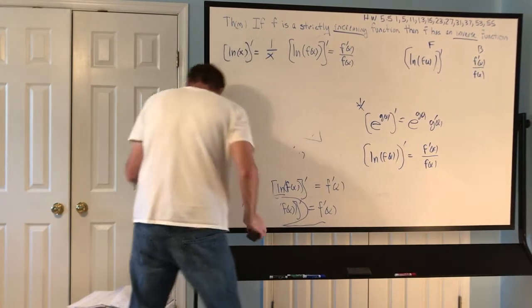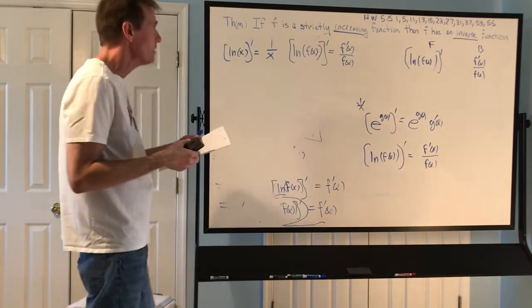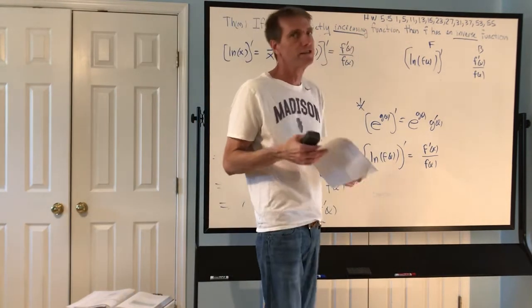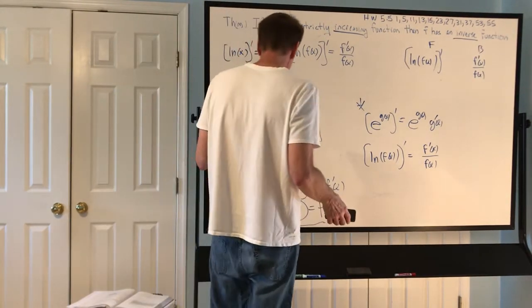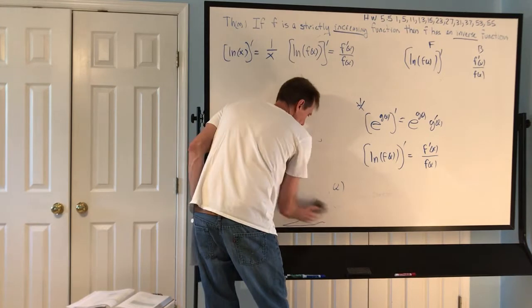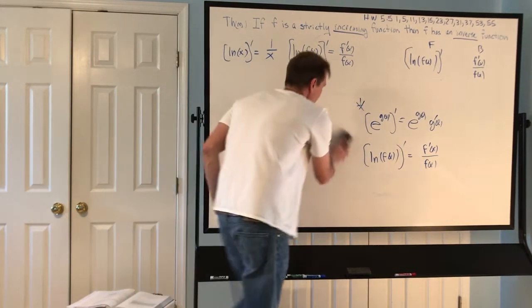My first problem is in section 5.5. It's not your homework problem. It's exercise number 12. You can even open the book if you want and look at that exercise.